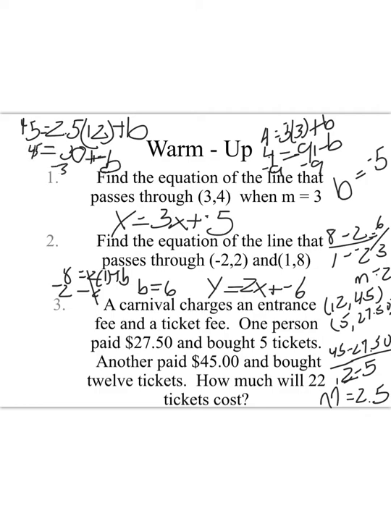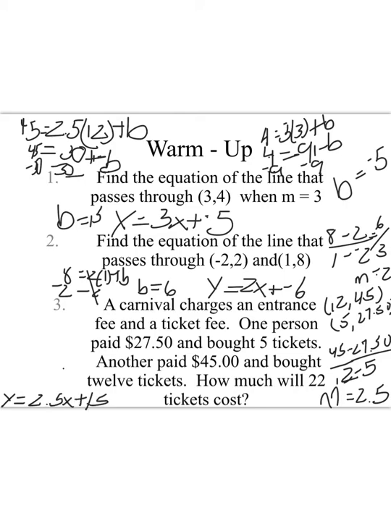We'll subtract 30 from each side. Minus 30. And we get b equaling 15. I know, I'm writing all over this crazy thing. So, now that b is 15, our final equation is y equals 2.5x plus 15.